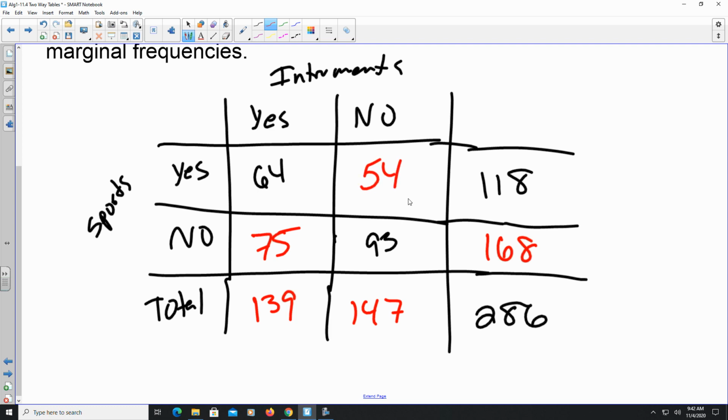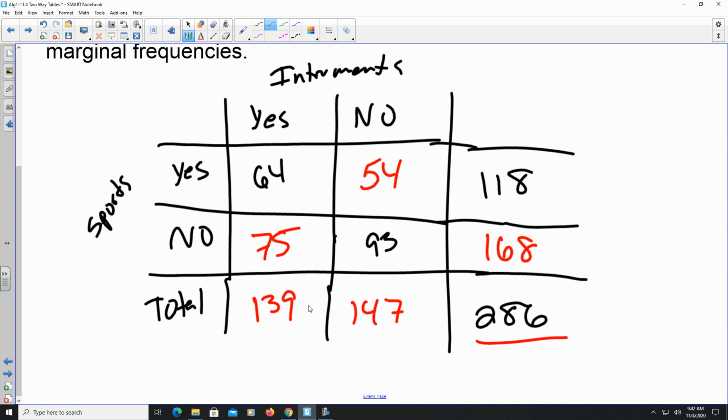So this is a two-way table that included the marginal frequency. You had your yeses and nos, whether you played an instrument or a sport, and you had the totals with that. This is the total number of people in the survey.